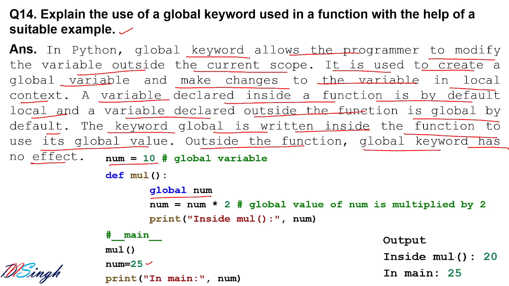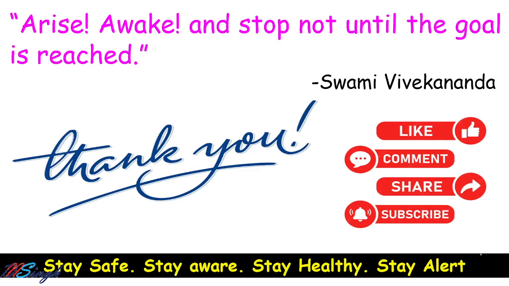As you can see, what will the output be? The value of the global variable is 10. So 10 multiplied by 2 gives 20 in the output here. But when you change that value to 25, it will come here as 25. So in main, it is coming as 25, and inside that function mul, it is coming as 20.